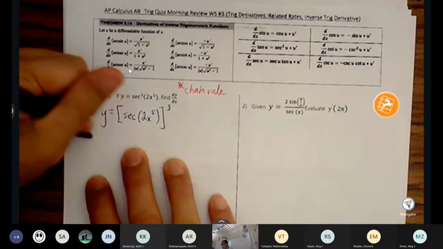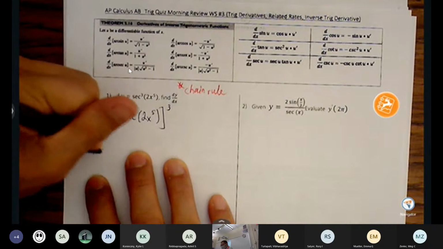Okay, we're going to have an outside, inside, and inner portion.